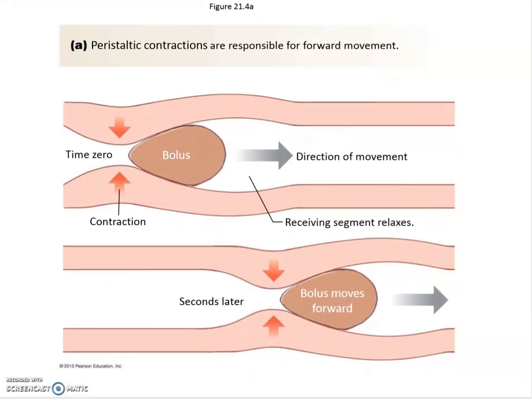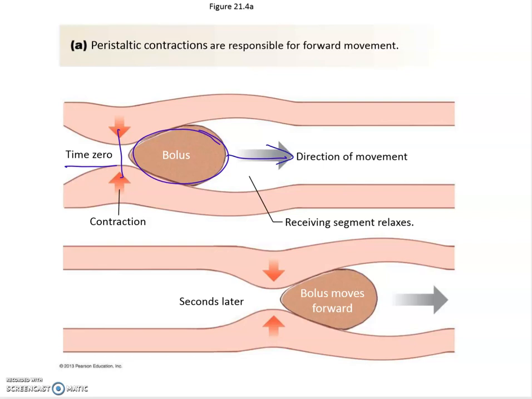Now, more importantly, the term peristalsis. So these are wave-like contractions that move the food forward. So here we're starting at time 0, and we want to move this bolus of stuff forward in the gastrointestinal tract. So you basically contract right here, and that pushes this bolus in this direction.